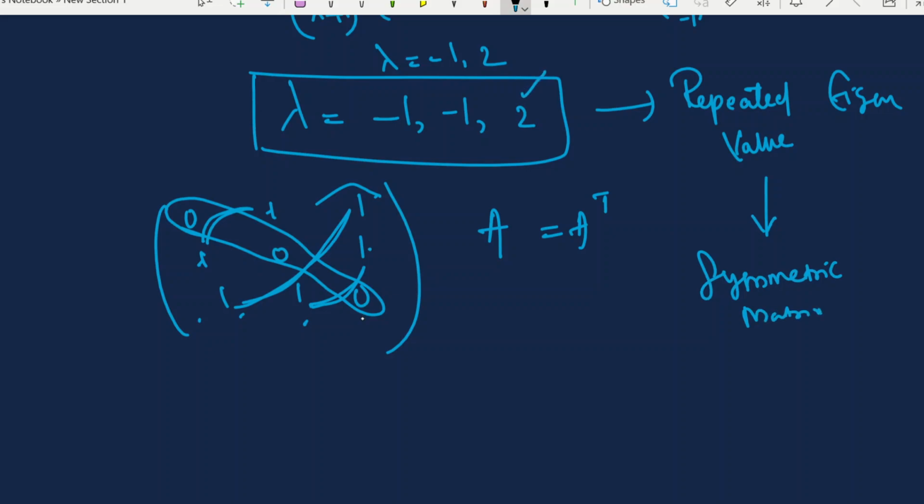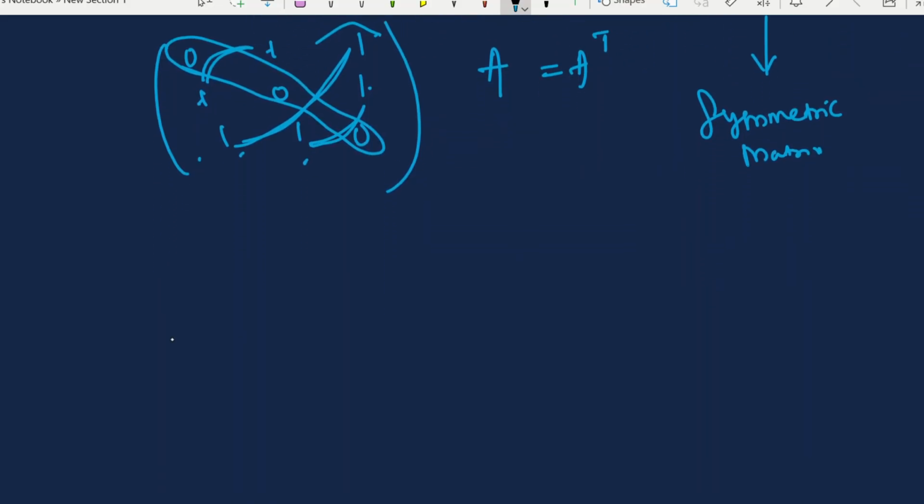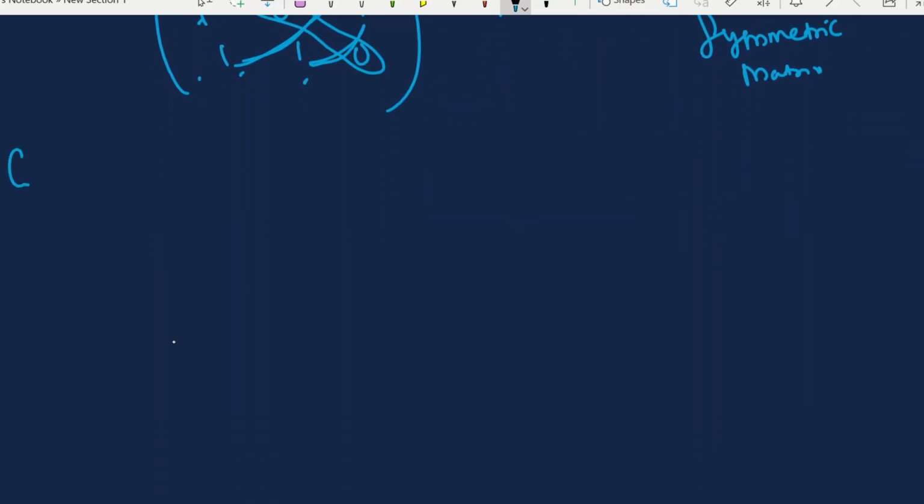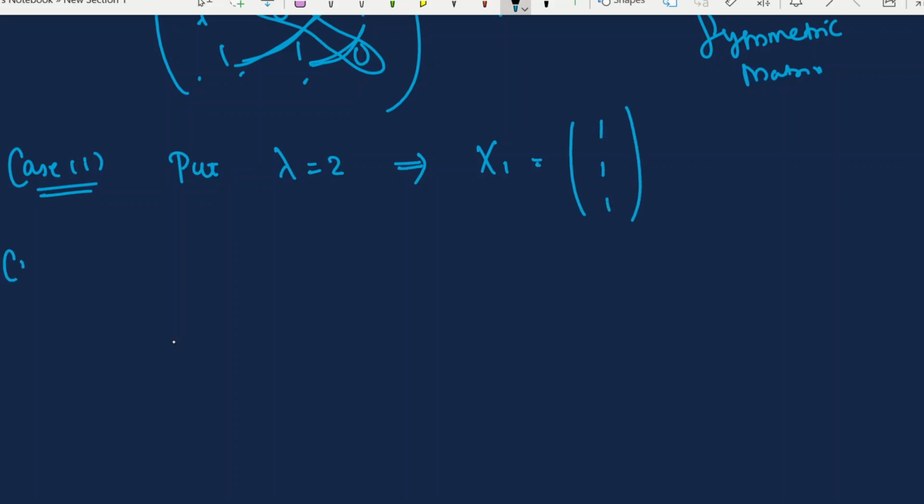For the first two eigenvectors, the same process. First, case 1: lambda is equal to 2. When lambda is equal to 2, the eigenvector is 1 1 1. Next, case 2: put lambda equals minus 1, and we will get this type of equation.